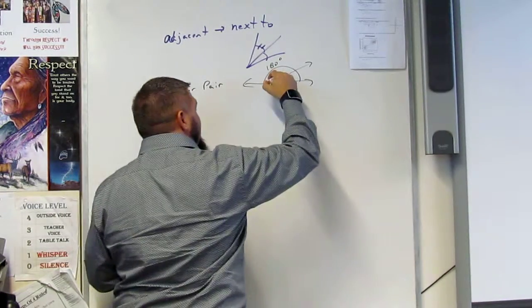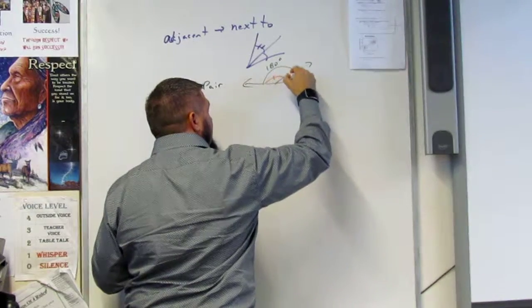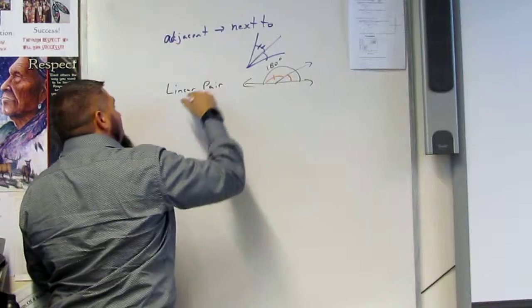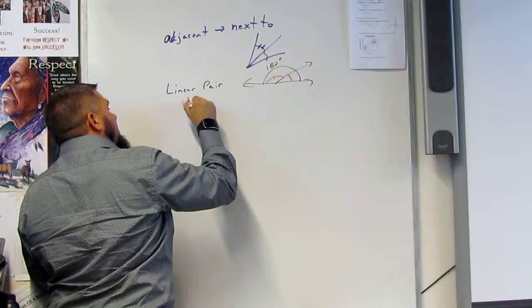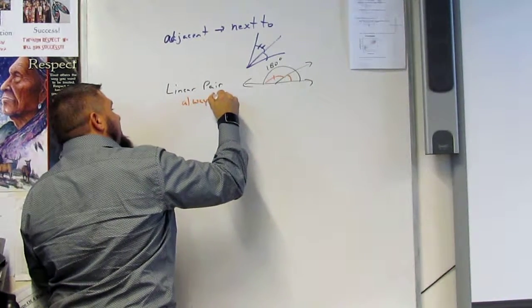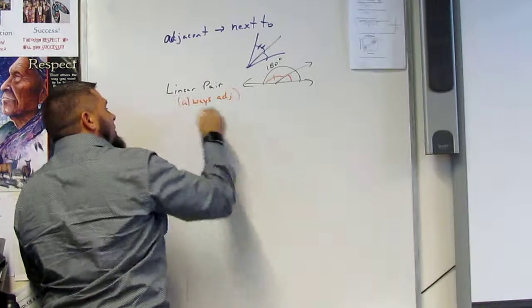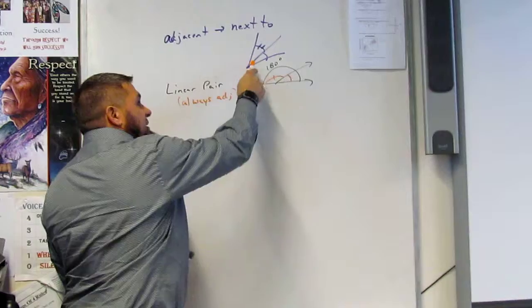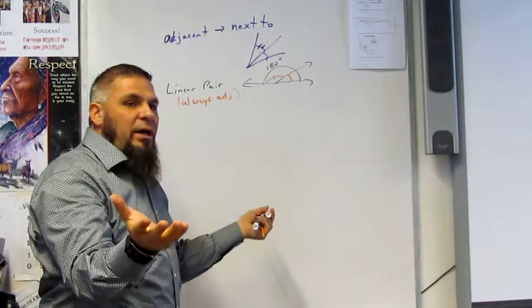They're always touching, right? This is touching this, right? So linear pairs are always adjacent. Okay? But adjacents aren't always a linear pair. They don't always make a line.